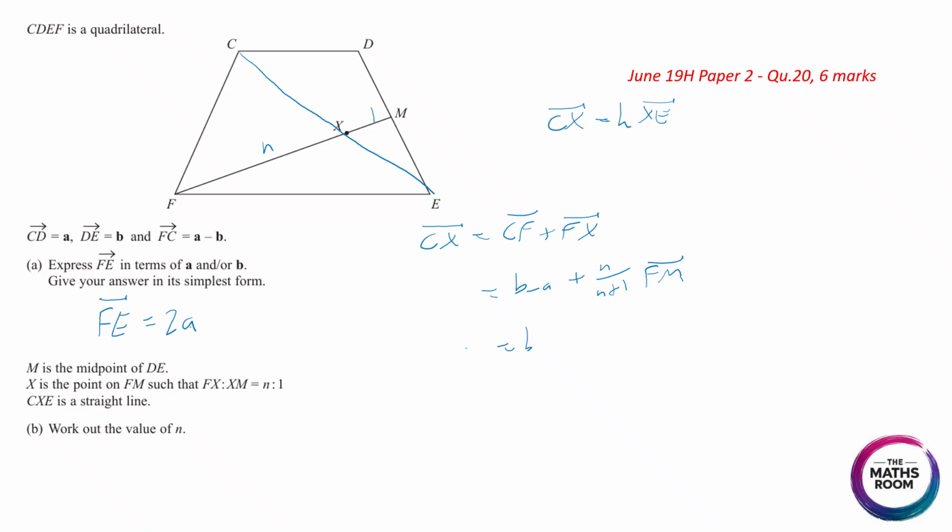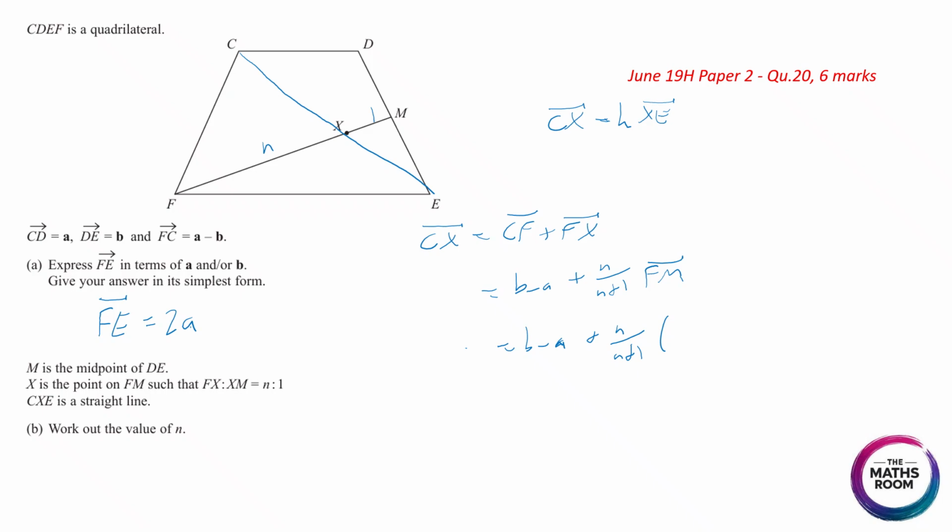So that's going to be B minus A plus n over n plus 1 lots of the vector FM. Okay. Makes sense.